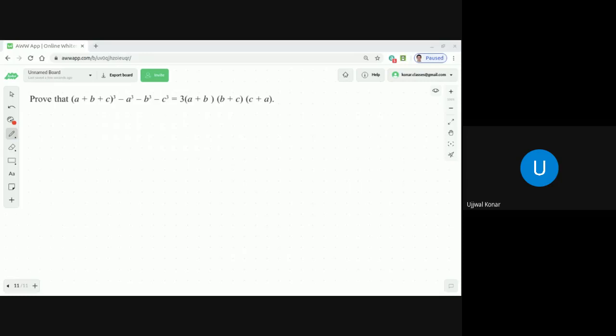Can't you apply that formula here? a cube plus b cube plus c cube is equal to what? a plus b plus c into a squared plus b squared plus c squared minus ab minus bc minus ca, correct? And then plus 3abc, if you just need to find out a cube plus b cube plus c cube. Exactly.